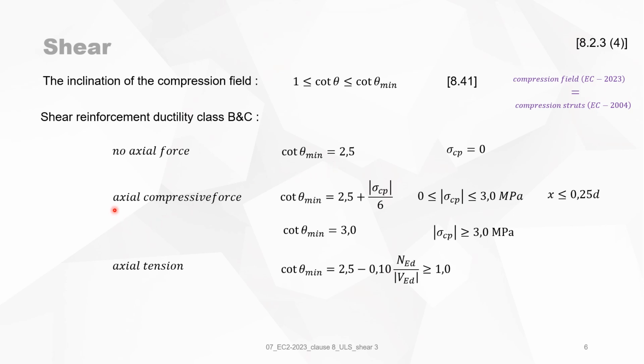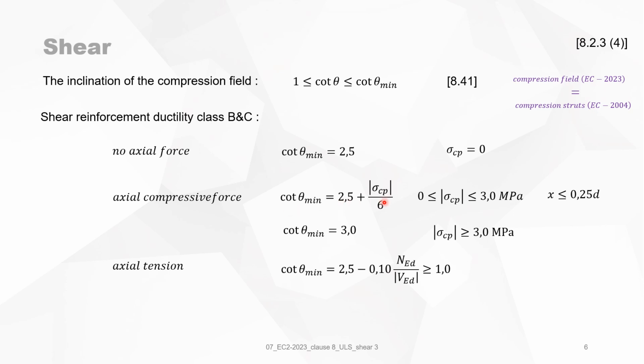When you have significant axial compressive forces, that means when sigma CP is between 0 and 3 megapascal, and x is smaller than 1.5 times d, then cotangent theta min is given by this formula.